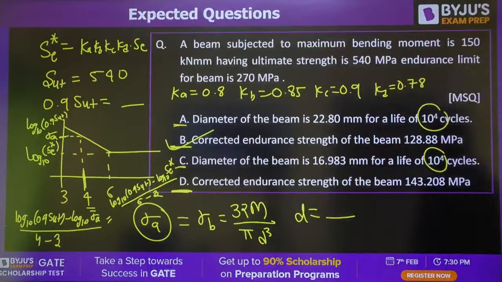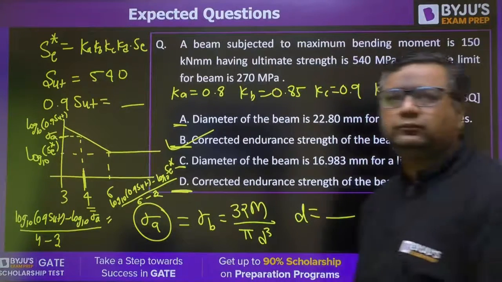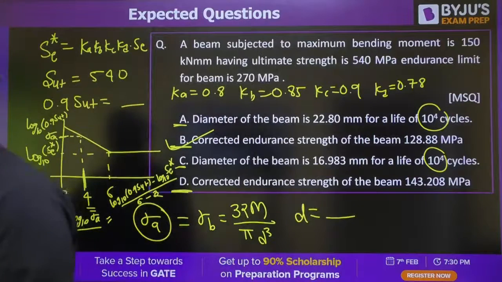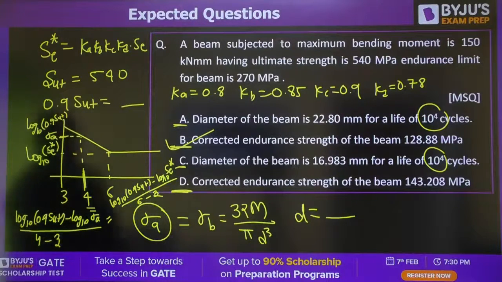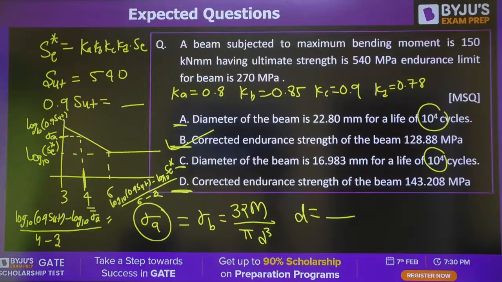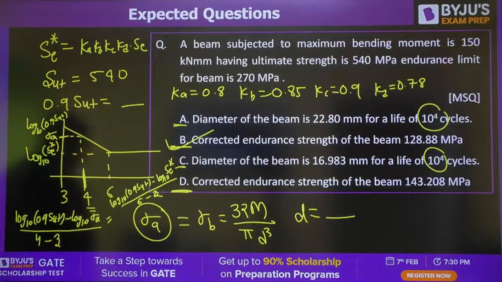You can find out sigma A from here. Do it. This is a good question. This is question number 8. We are having next question from welded joint, and then we will be having the last question.